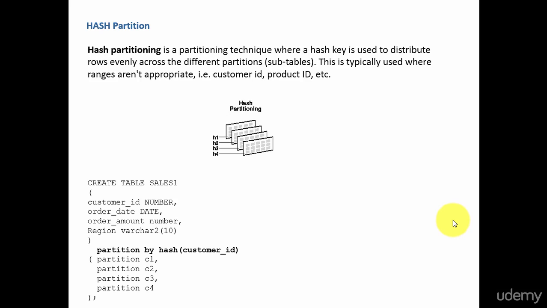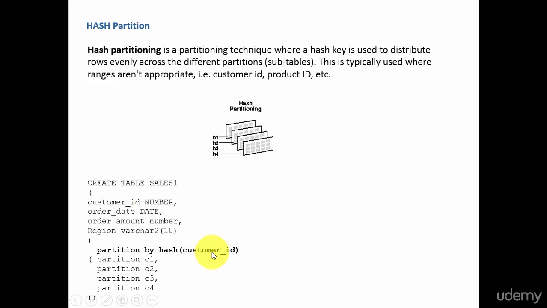the different partitions. Whenever the range partition or the list partition is not appropriate for you, those are the scenarios where you go for the hash partition. Here in my example I am creating a hash partition based on the customer ID.